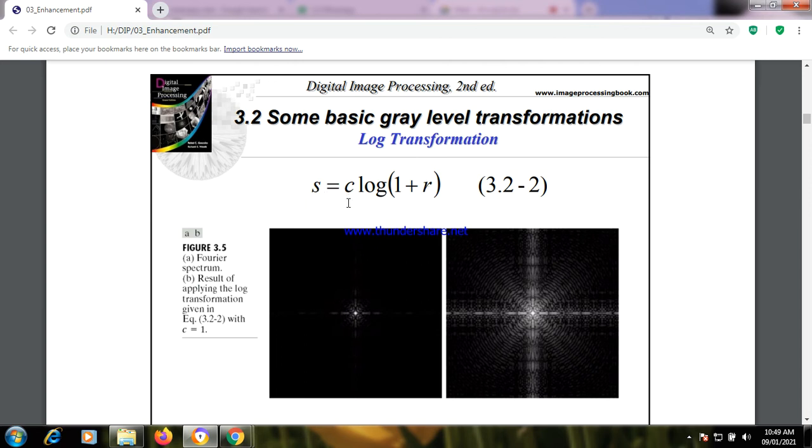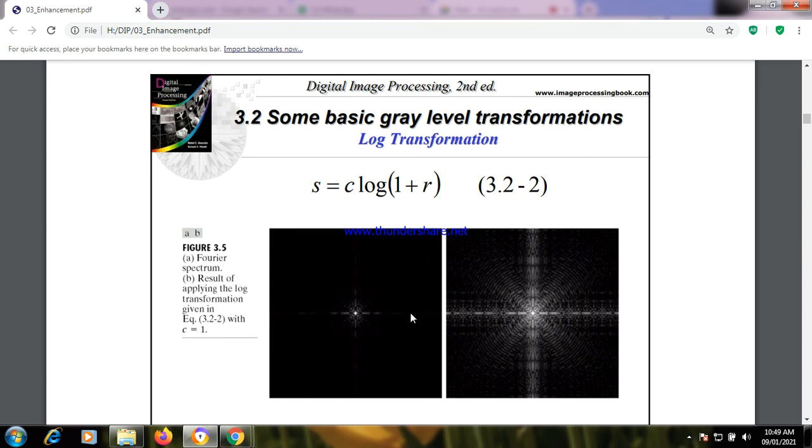And what about C? C is a constant and R should be made as greater than 0. So what it does is, it maps the narrow range of low intensity levels into wide range of output levels. So that is the purpose of using log transformation, right?